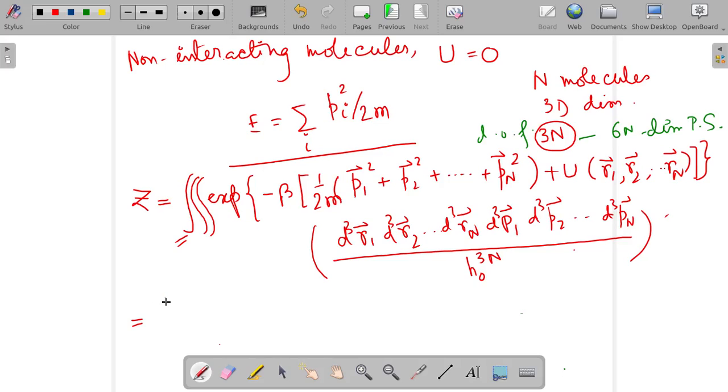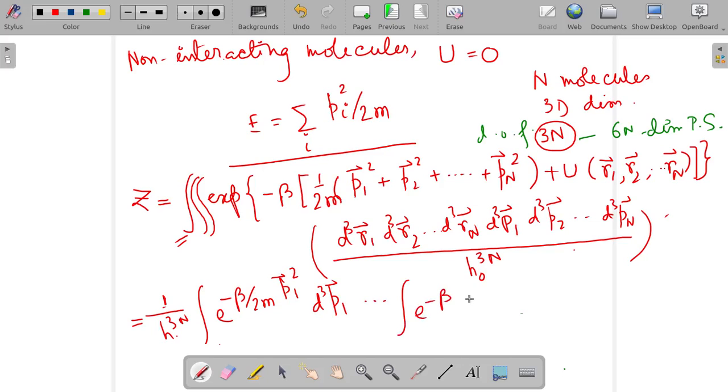So it is 1 by h to the power 3n, and then the exponential with beta u.